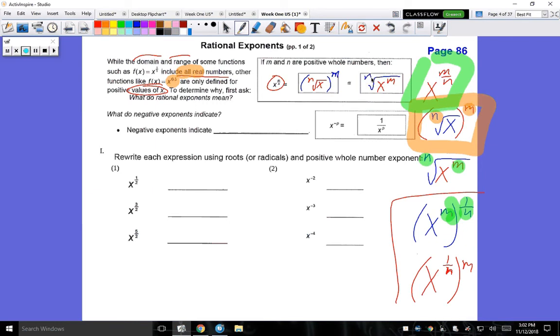Can someone tell me why both of them work? Either one will work. This one I think is the easier one. But why do both work? Can't hear you. Same answer, but why? Why will it give you the same answer?